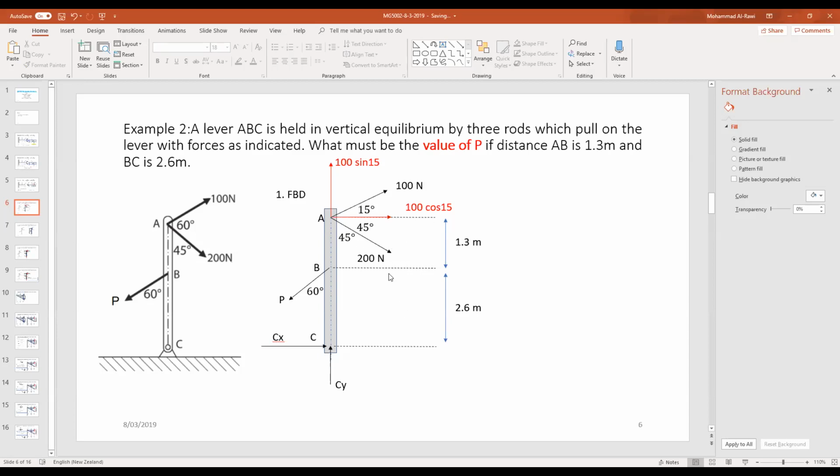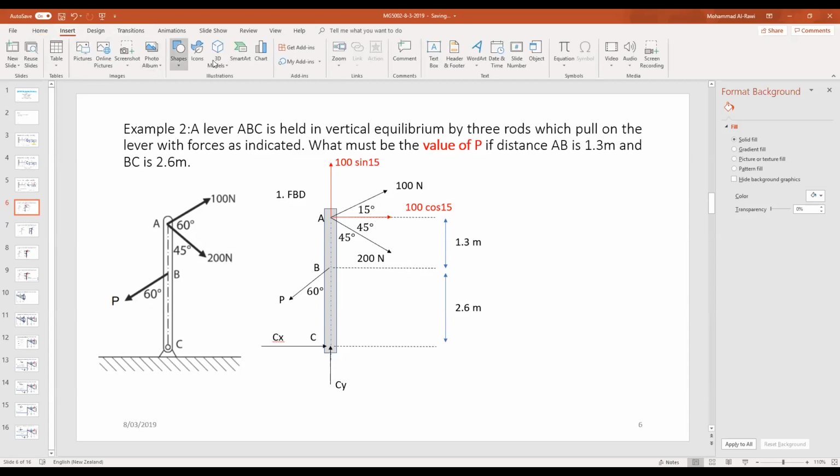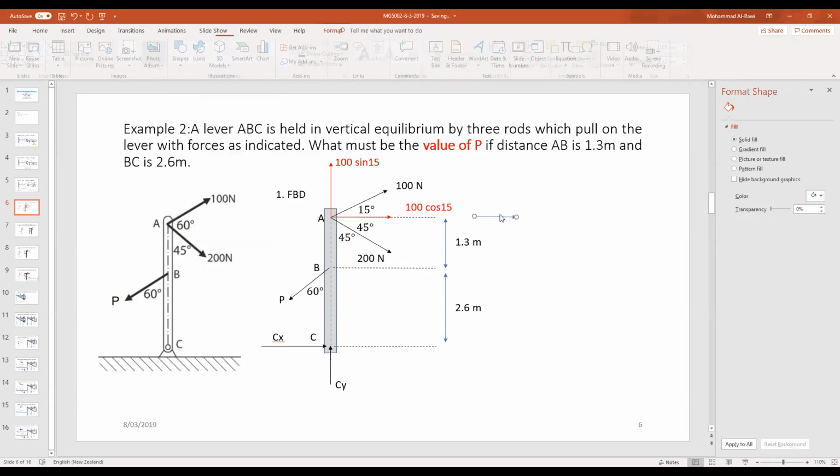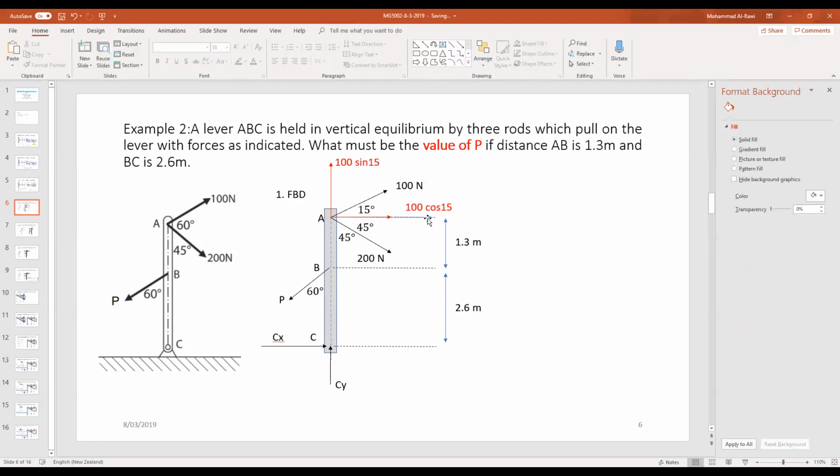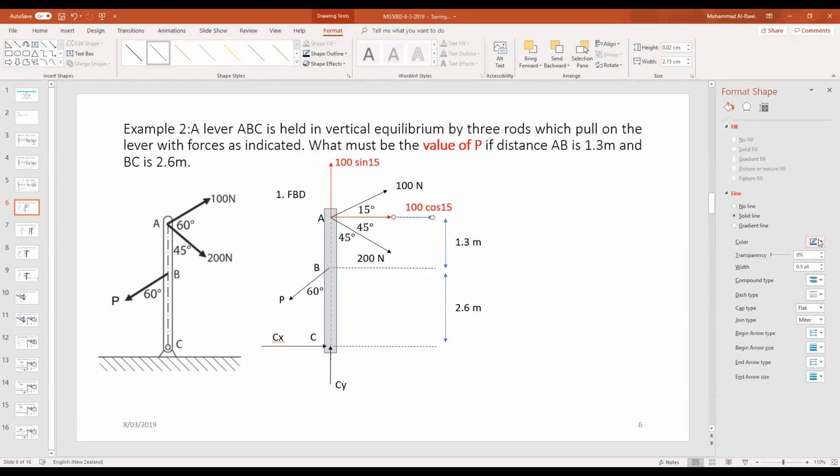Now, the 200 also has something similar to that. So I will add another arrow for the 200. I'll put it just here and I'll show you how we can do it. Remember, if we have an extra force, we add it to the back at the end of that arrow. So here, let's make it in green color so you can see it very clearly.